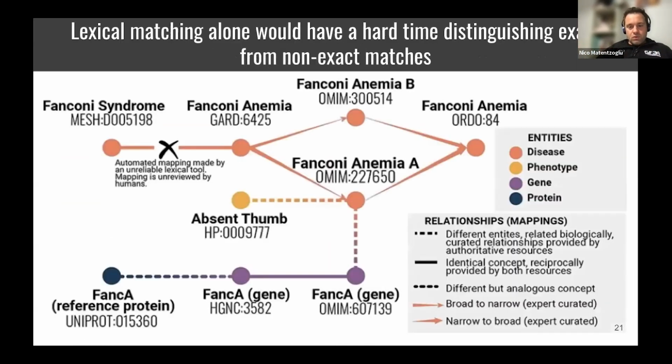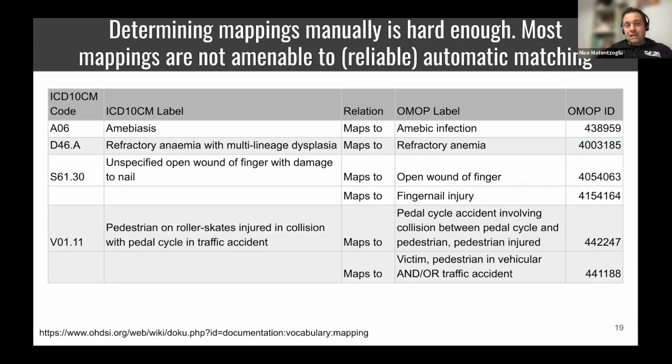And you can see, just by the lexical variation that there is, that it's going to be really hard if you're assuming something like a lexical matching approach, which is what most people are thinking about first, and what we are going to show you how to do also today, you will see that this is going to be non-trivial to get a program to find a corresponding match between this amoebiasis and amoebic infection, or some of the other ones here, like pedestrian on roller skate injured in collision with pedal cycle and traffic accident, to these, let's say, other complex ontology concepts.